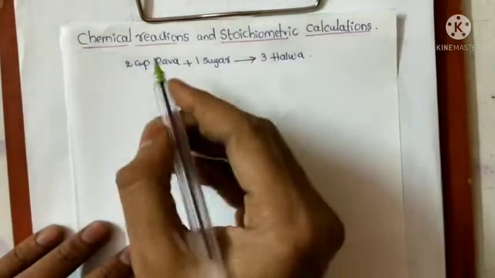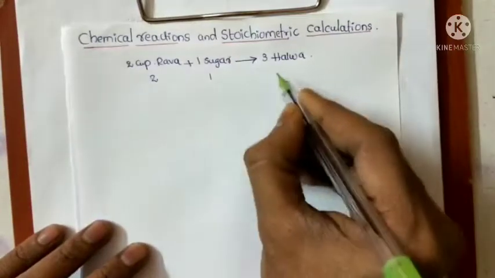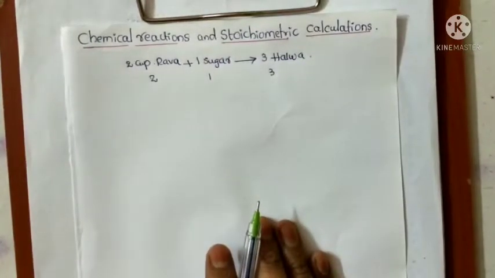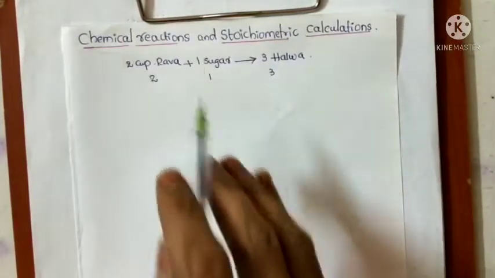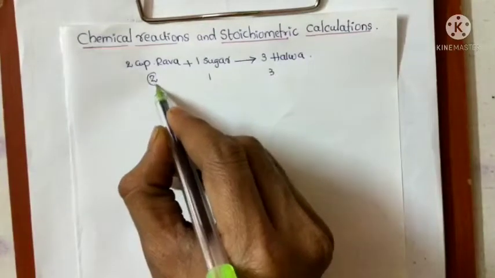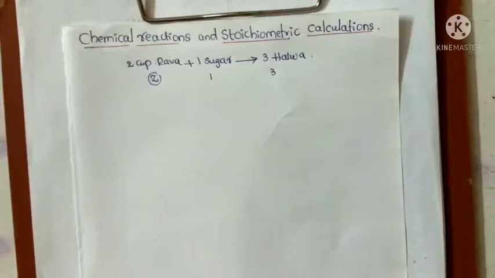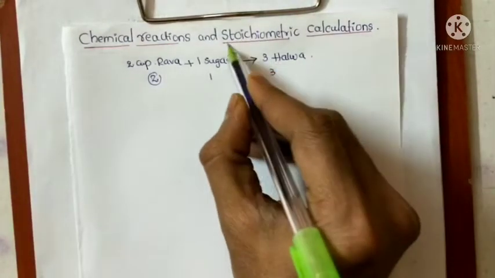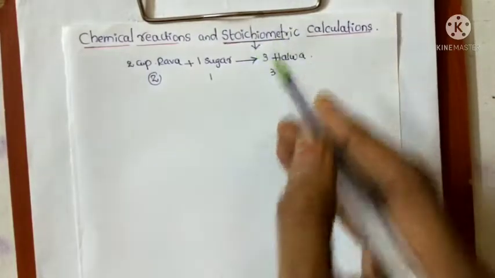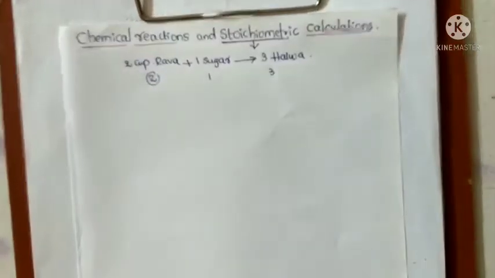Okay, so here the numbers, these 2 cups and the 1 cup and 3 cups, are called coefficients. These are the numerical values which are quantities. So these coefficients can explain the quantity of reactants as well as the products. From this we can say that stoichiometry explains the quantitative relationship between the reactants and products in a balanced chemical reaction.